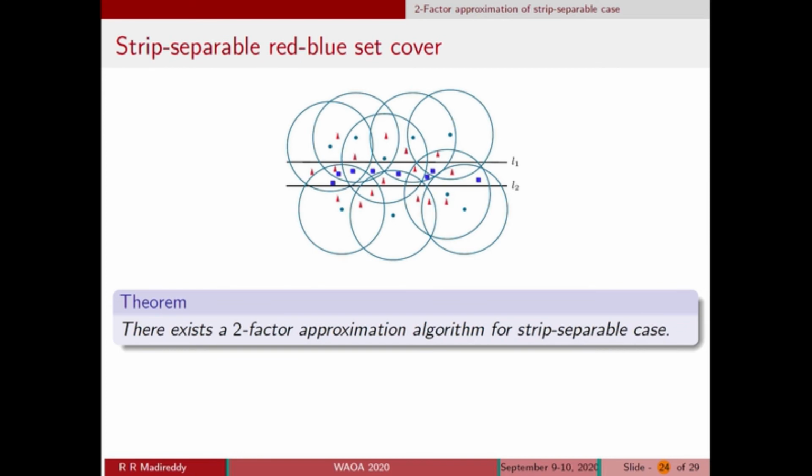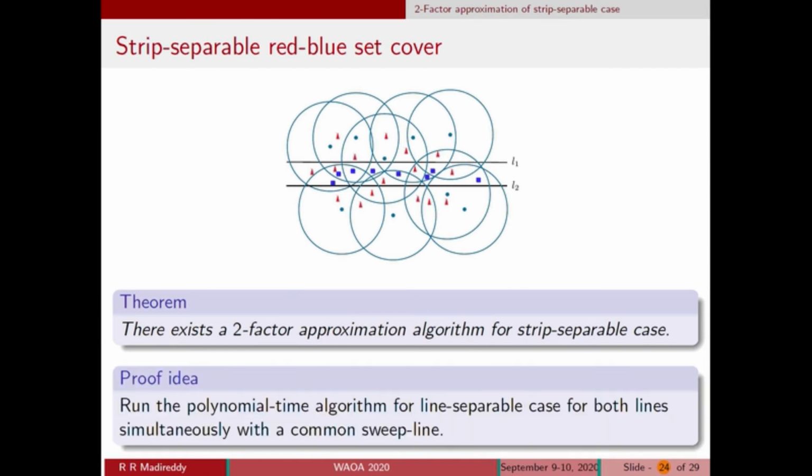As we have a polynomial time algorithm for L1 and for L2, two line separable problems, but there can be some red points which are counted two times. When we run the two sweep lines with the same speed, we may lose an approximation factor of 2. That's why we obtain a two factor approximation for the strip separable problem.